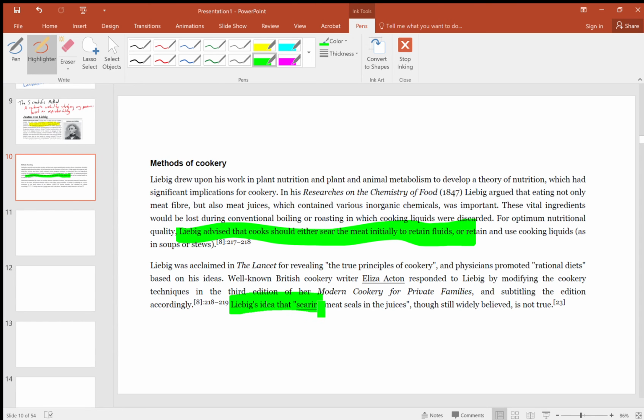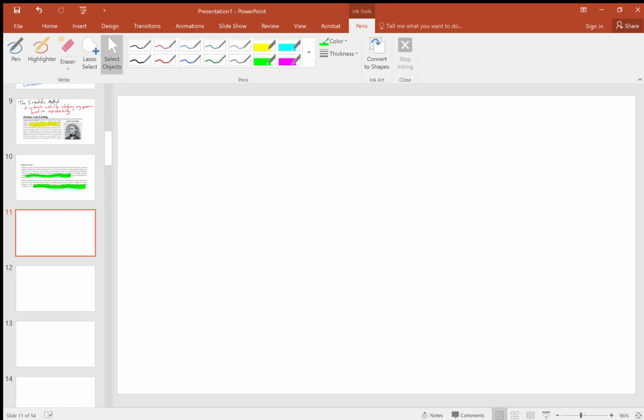His idea that searing meat seals in the juices is widely believed, but turns out it's not at all true. And that's something that probably many of you are already aware of. But is that something that we could easily predict, or easily prove, or disprove?